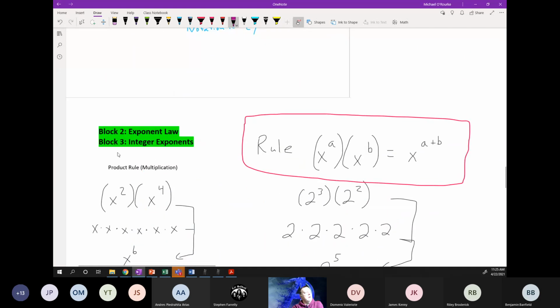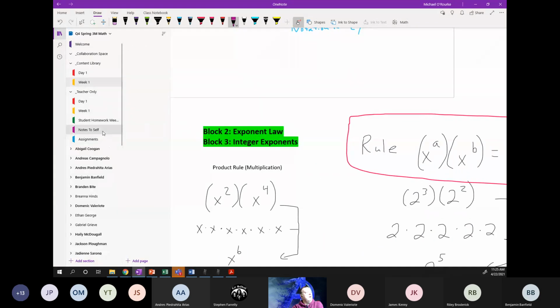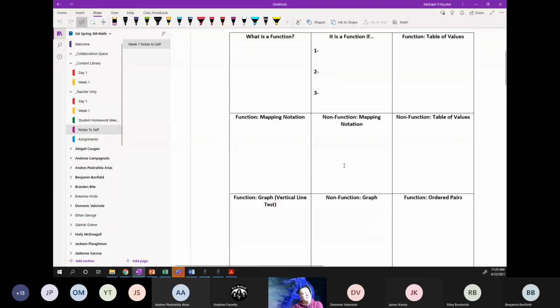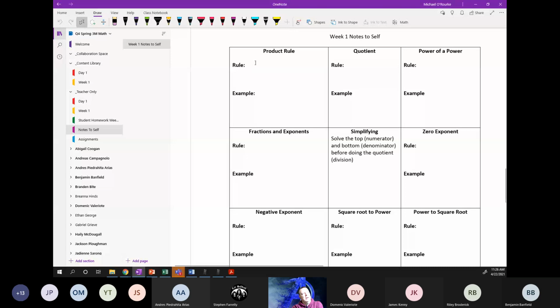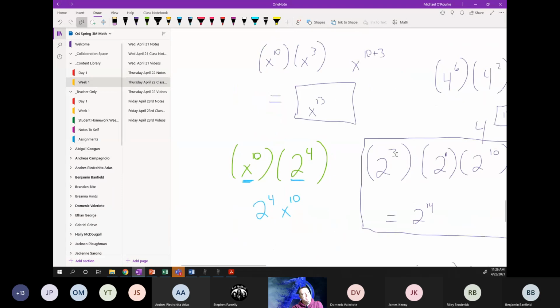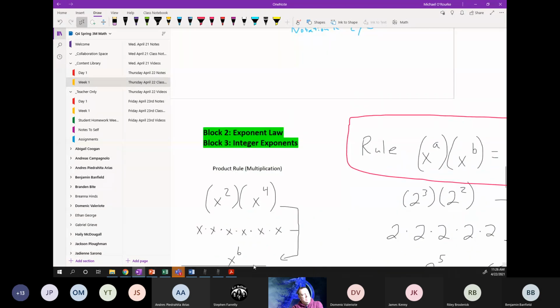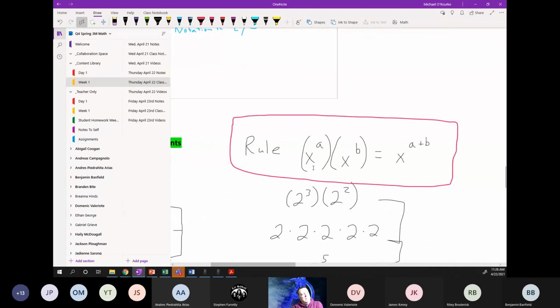So that is your product rule or multiplication rule. So if you guys had your notes out, the future self, I'll print it out, you could go in here and the rule is this part here. Is like x to the a plus b.